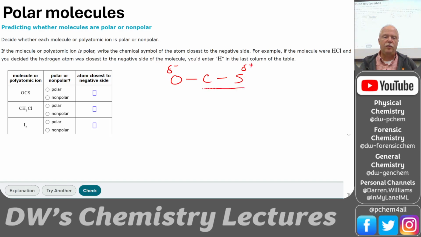So there's going to be a dipole moment on this, and this is going to be a polar molecule. And the atom closest to the negative side would be oxygen. So you just have to go through and see if it's going to have a dipole moment over the whole molecule.